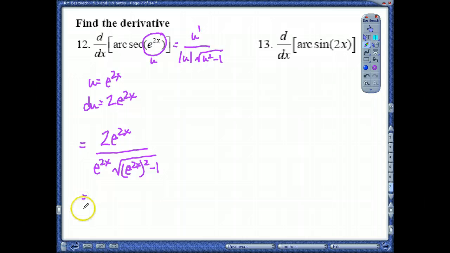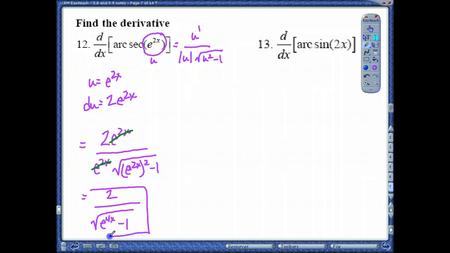And then simplify as much as you possibly can, so that e to the 2x is going to cancel. It's pretty neat when you have exponentials, rather. So exponentials do extra canceling. E to the 2x squared is going to be e to the 4x, and then minus 1.